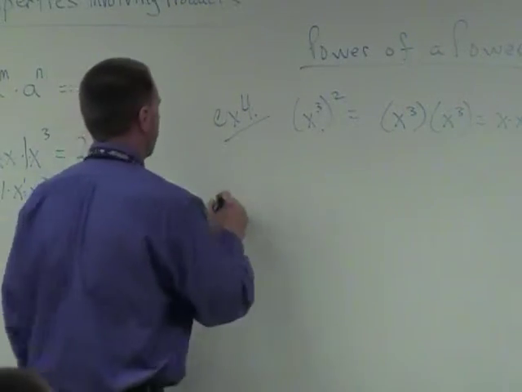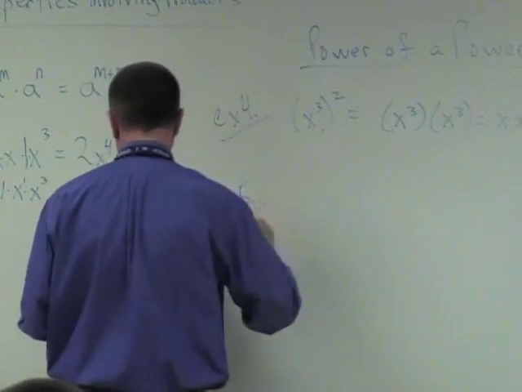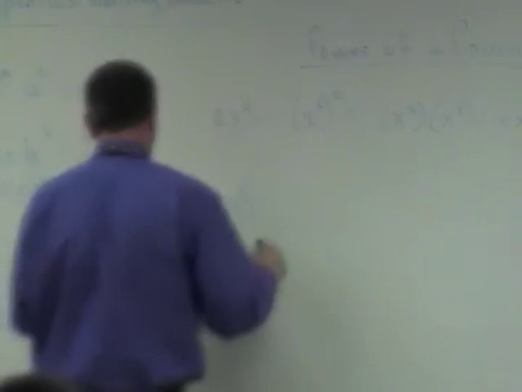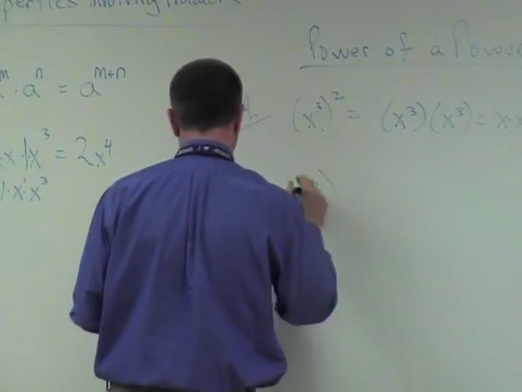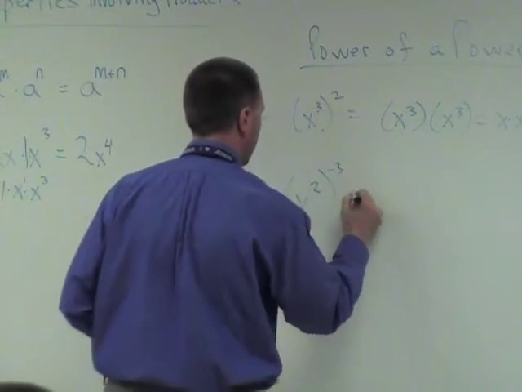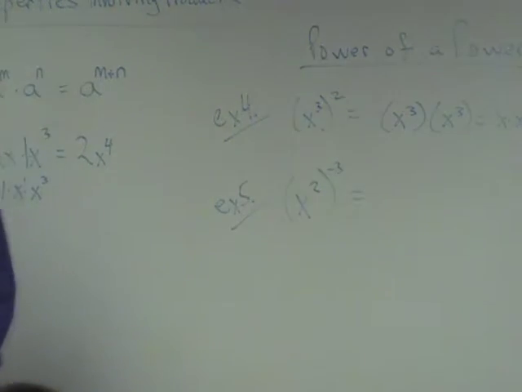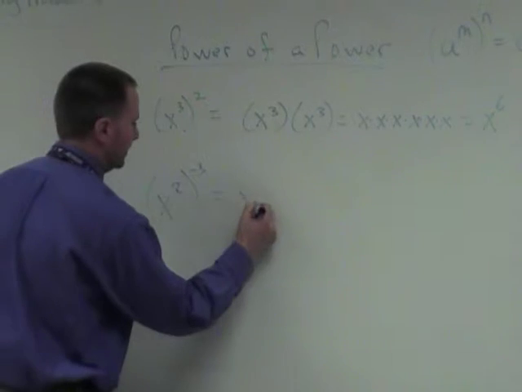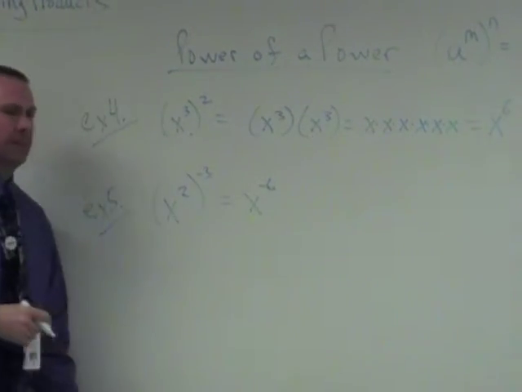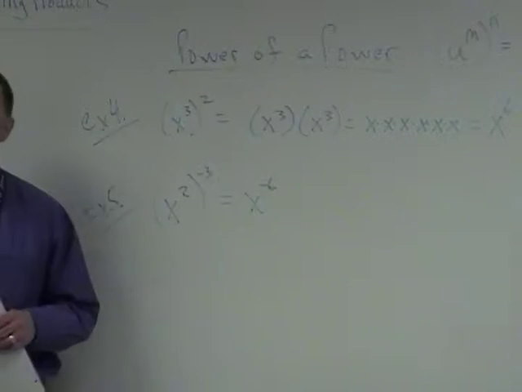Example 5. X squared to the negative 3 power is x to the negative 6. Now I want to make sure we understand each other.